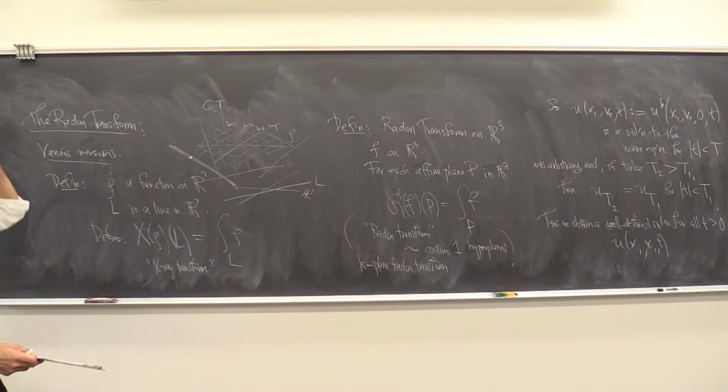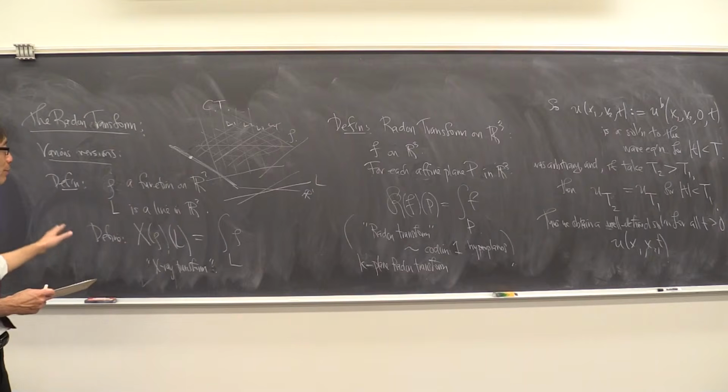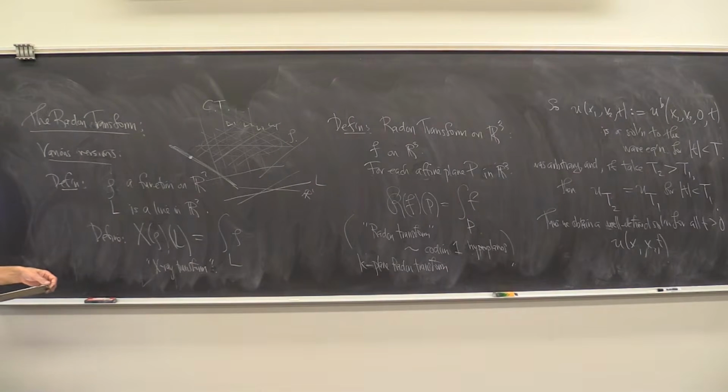Interestingly enough, all this theory was worked out way before the application. Radon did this in 1908 or something like that, and another man named Funk around maybe even before that.